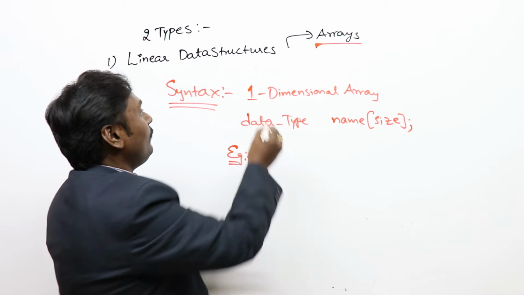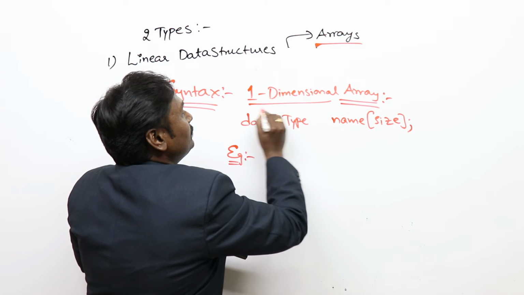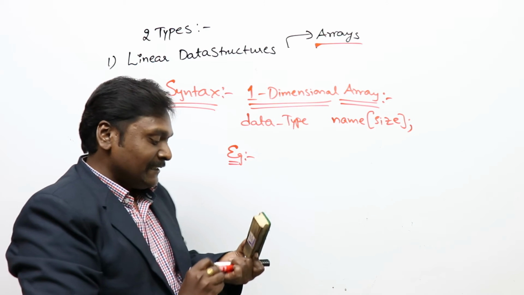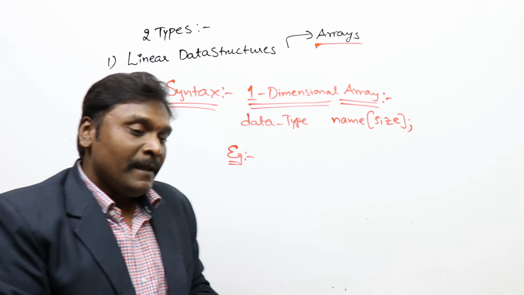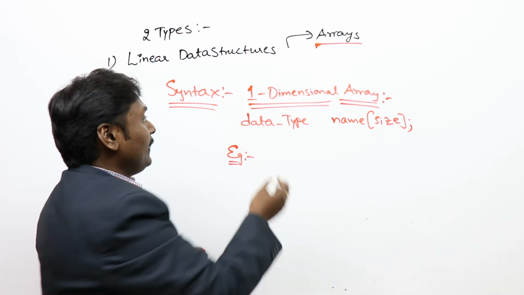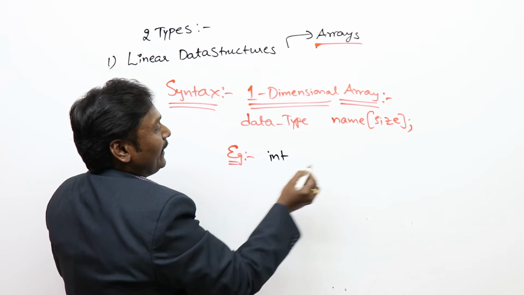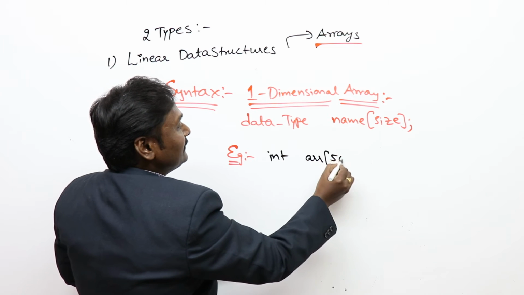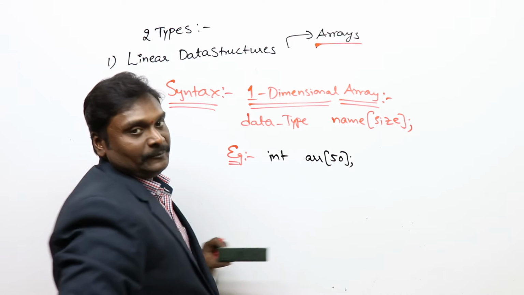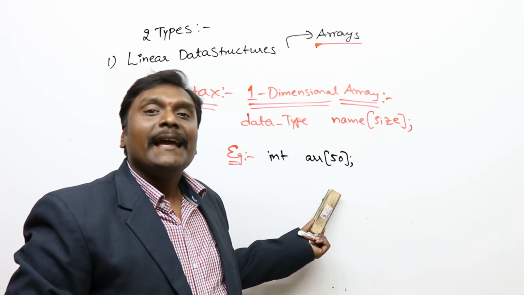The syntax of a one dimensional array is as follows. Let us take an example. Before defining, let me take the data type int, the name is AR, and the size is 50 elements. Okay, this is an example of a one dimensional array.